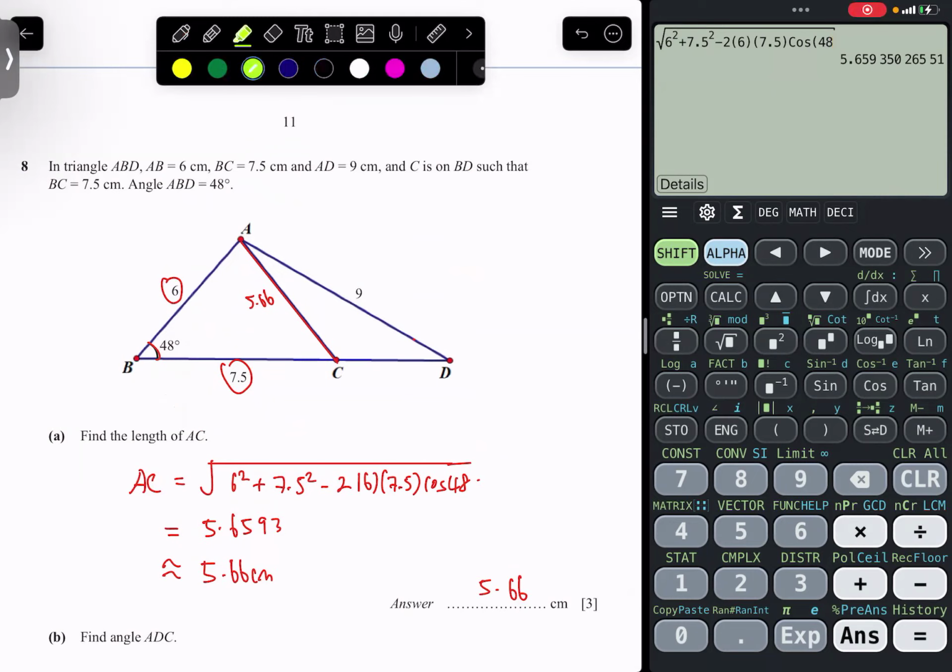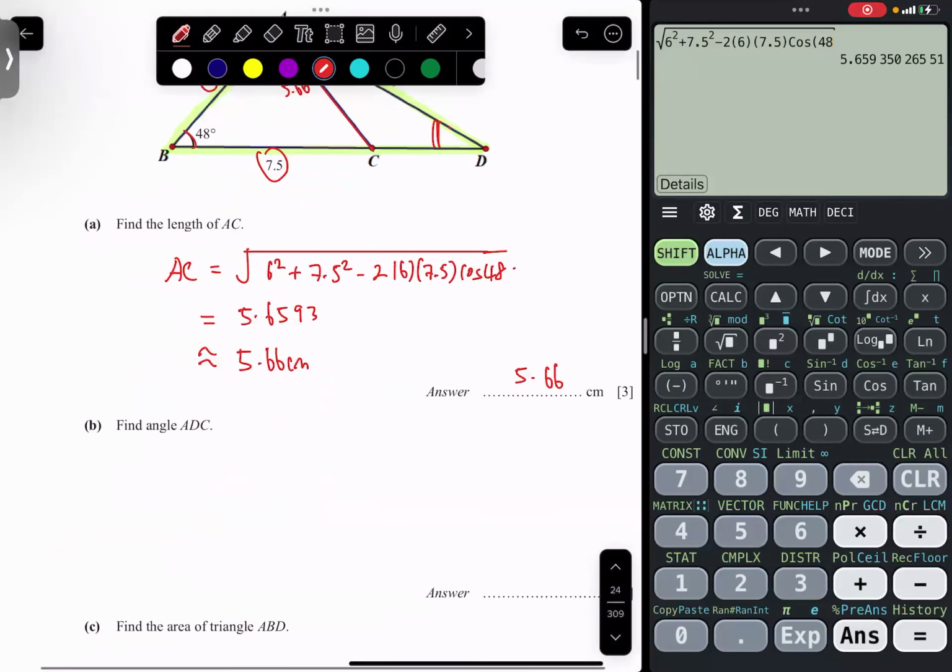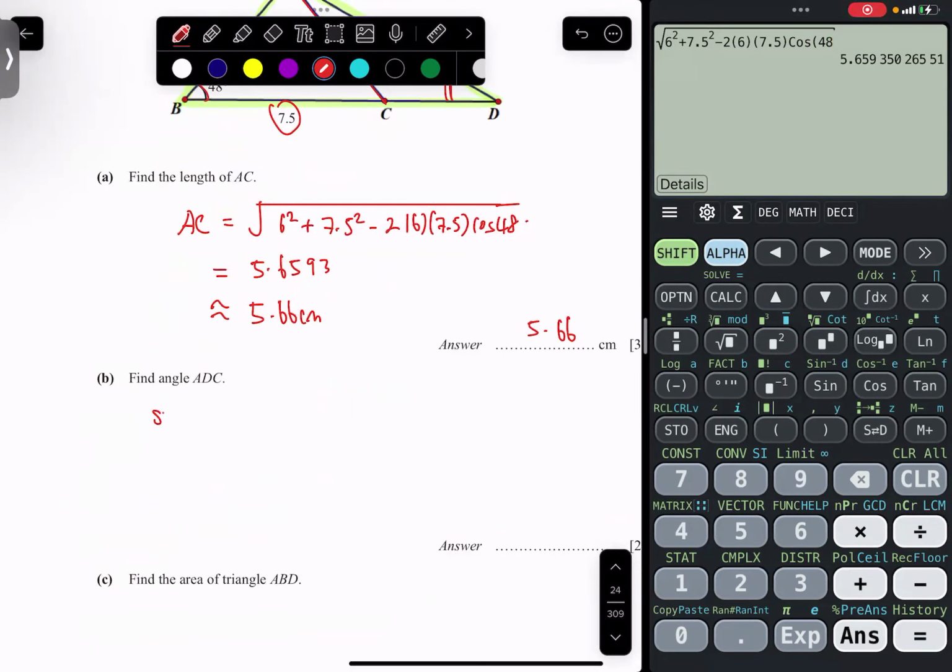Now you are looking from the perspective of the big triangle. If you want to find this angle ADC, ADC corresponds to 6 as 48 degrees corresponds to 9. So we can find sine angle ADC over 6 equals sine 48 over 9, right?